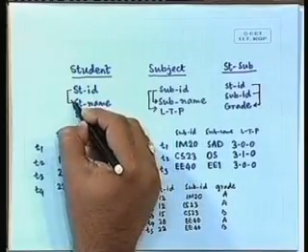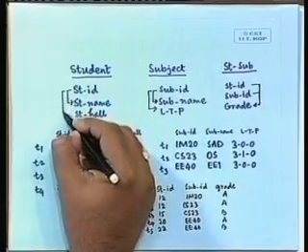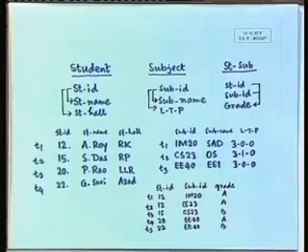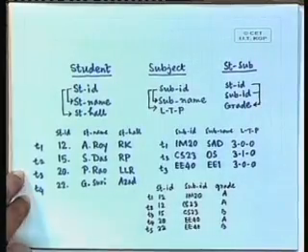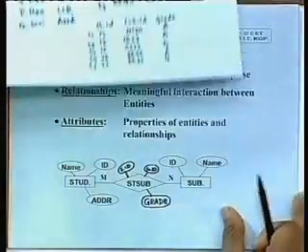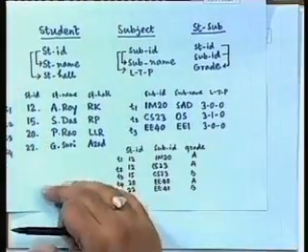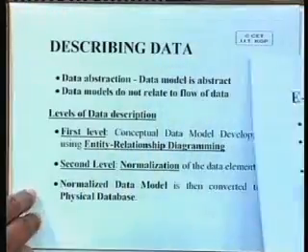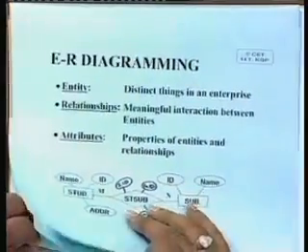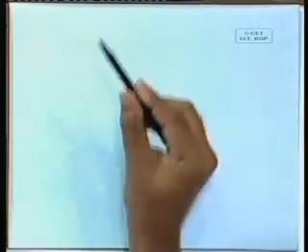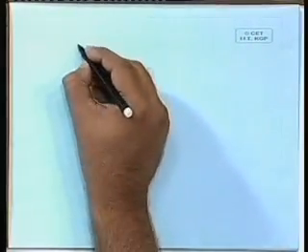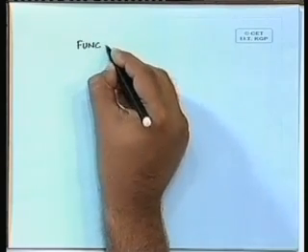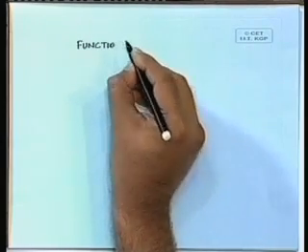Now before we proceed, let us understand something very basic. There is a concept called functional dependency. We'll try to understand functional dependency mathematically, but before that let us understand it in a very simple manner.